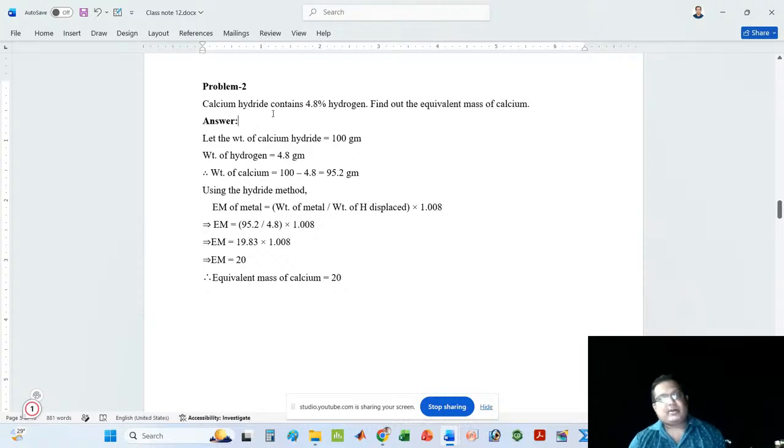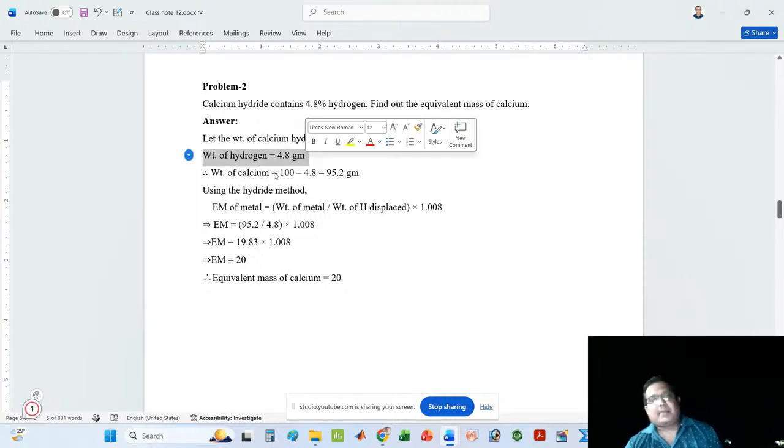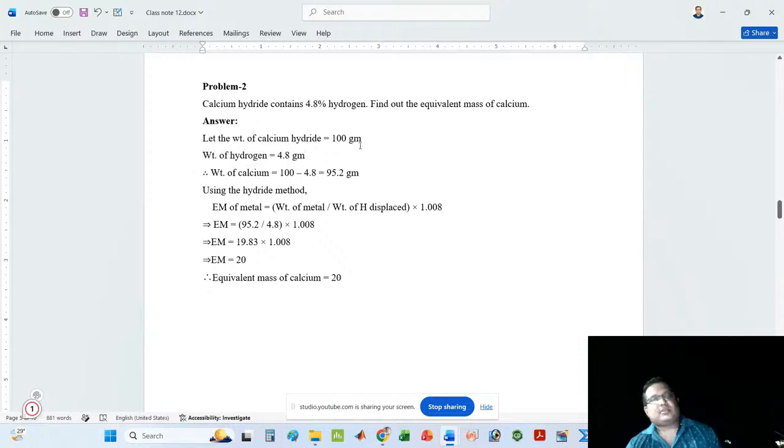If I take 100 gram of calcium hydride, then the weight of hydrogen as per the question is 4.8 gram. After getting the weight of hydrogen and weight of calcium hydride, I will find weight of calcium is equal to 100 minus 4.8. After calculation, you can say that the weight of calcium is 95.2 gram.